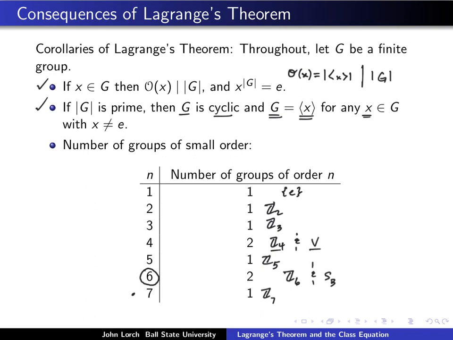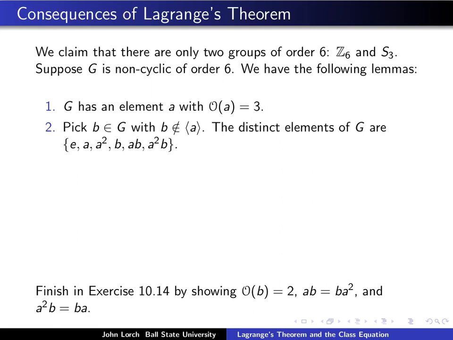I've assigned exercise 10.14, where you're going to prove that there are really only 2 groups of order 6, namely the cyclic group Z6 and the symmetric group S3. And in this slide, we're going to get a start on that exercise.